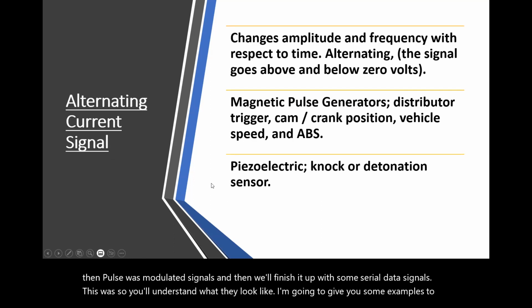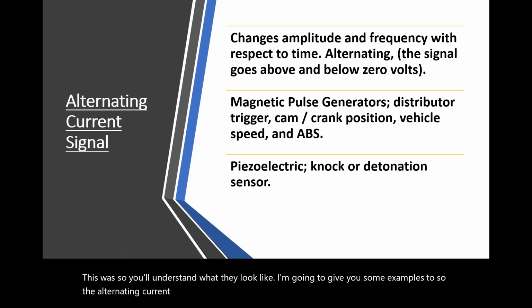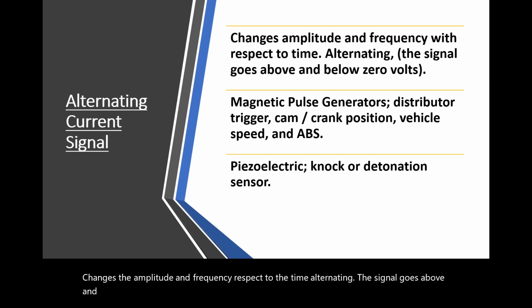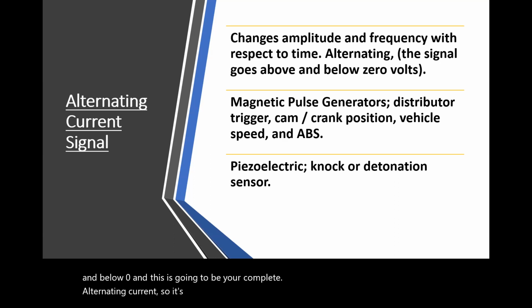So the alternating current changes the amplitude and frequency with respect to time. The signal goes above and below zero, and this is going to be your complete alternating current. So it's going to be negative and positive.